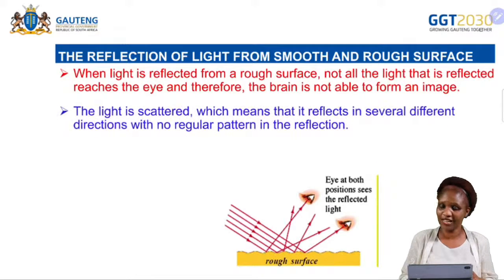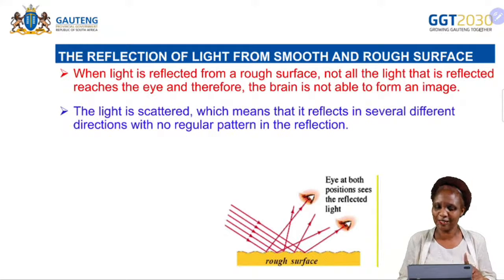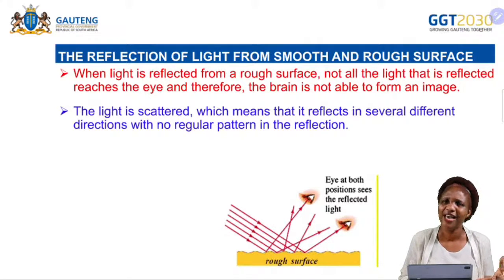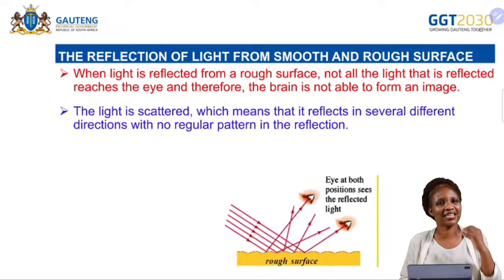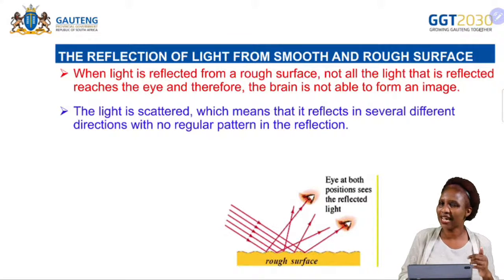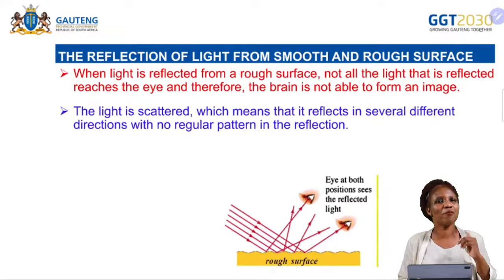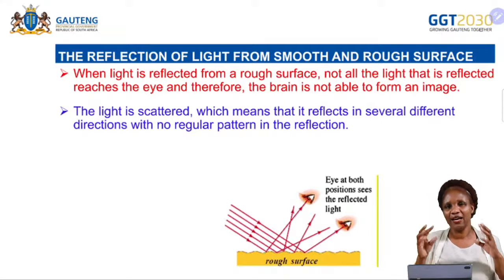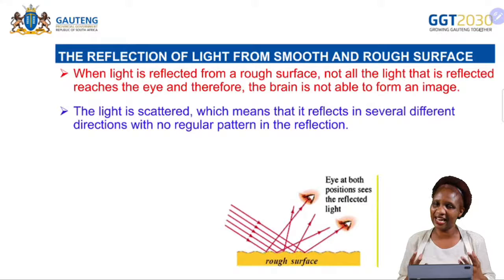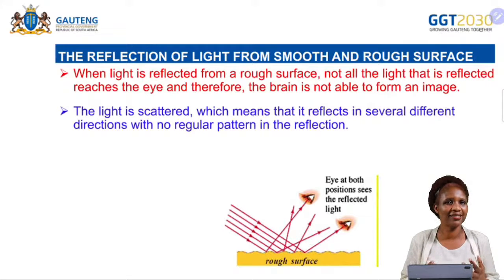When light is reflected from rough surfaces, not all the light that is reflected reaches the eye. Why doesn't it reach the eye? It is because it is scattered. And therefore, the brain is not able to form an image. Remember, in order for us to see color, what happens to our eyes?